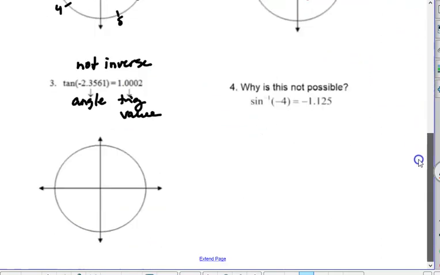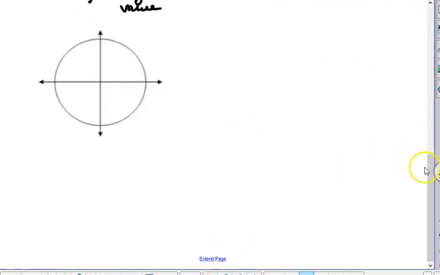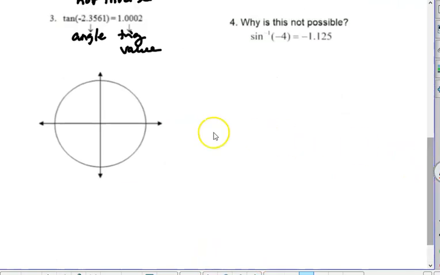The third one, the tangent one, uses a negative angle. So instead of counting positive radius lengths around the circle to figure out where those radian angles are, we would have to count in the negative direction, just like we do with angles in degrees. So this would be -1 radians and -2 radians.